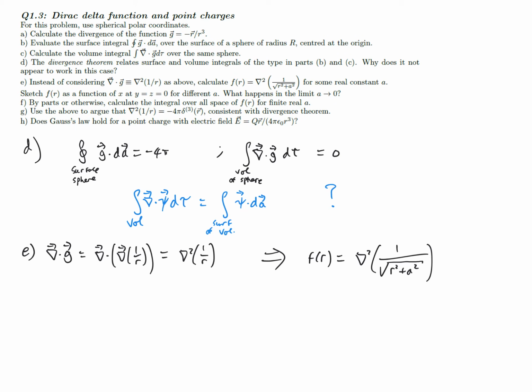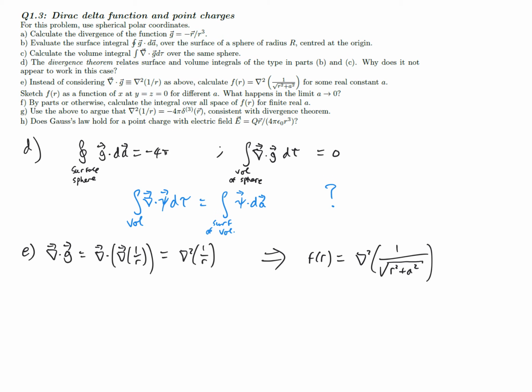Now, the idea is that if I have some real constant a, then a squared is some positive number, and then r squared plus a squared can never be 0. So I'm never going to end up with a divide by 0 problem. Notice, of course, that r squared, with r being real, cannot be negative, so I'm never going to get r squared to cancel with a squared. So I'm good. That's what I want.